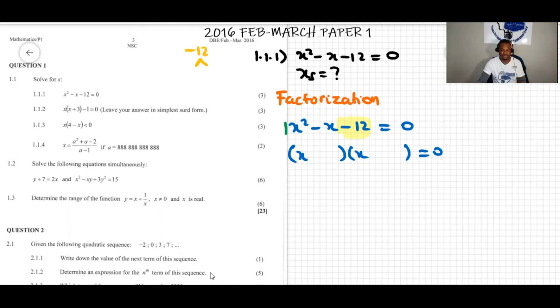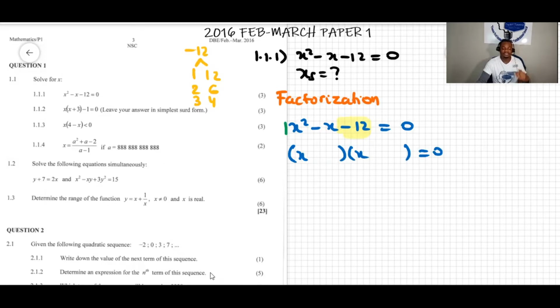Preferably in ascending order. I know the number is negative 12, but then list the factors of 12. They are like 1 and 12, because 1 times 12 makes 12. 2 and 6, because 2 times 6 is 12. 3 and 4, because 3 times 4 makes 12. Those are all the factors of 12.